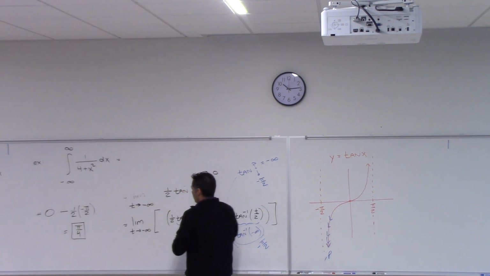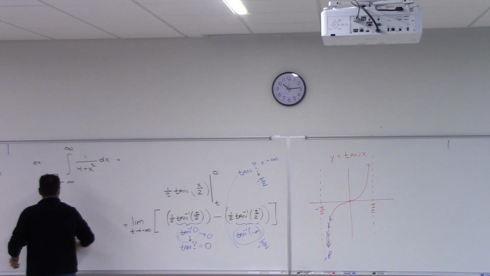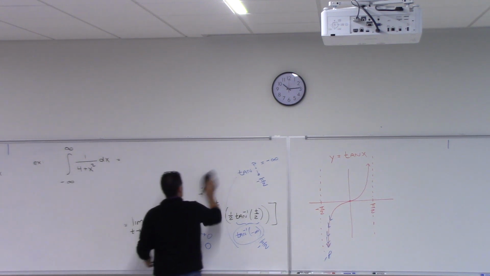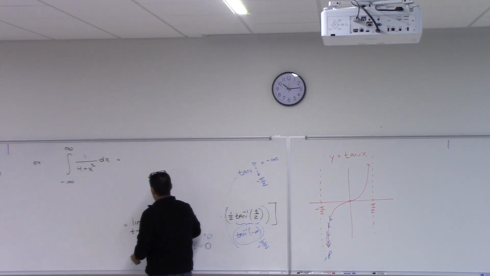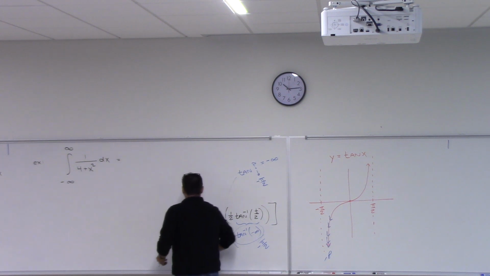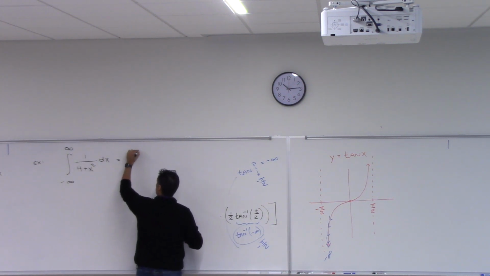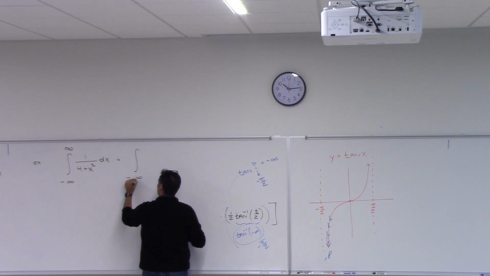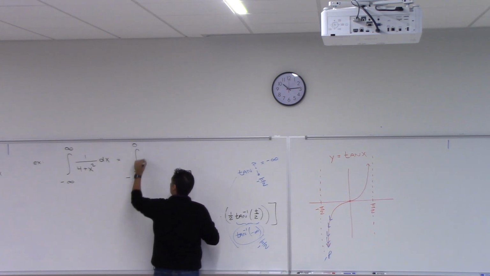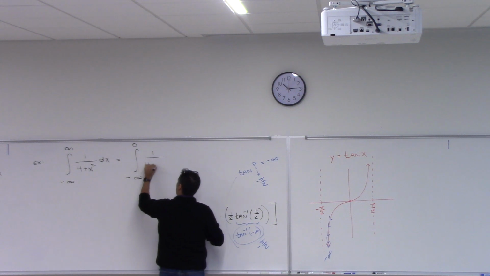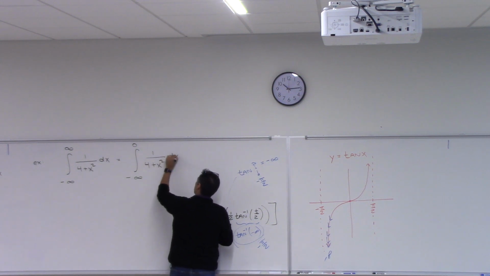So how do we do it? Well, here's how it's done. Whenever you have an integral with an infinite interval from negative infinity to infinity, the first thing we do is break this integral up into 2 integrals. Let me write it down first, and then I will explain.